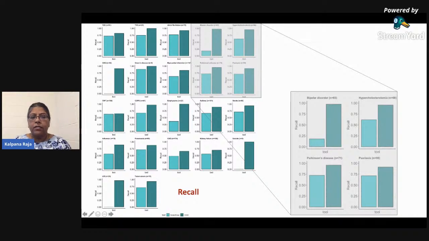So the recall is always better for SKiM compared to KinderMiner. So I'm just enlarging only 4 diseases: bipolar disorder, hypercholesterolemia, Parkinson's disease, and psoriasis. In all the 4, you see that the recall achieved by SKiM is better than the recall achieved by KinderMiner.